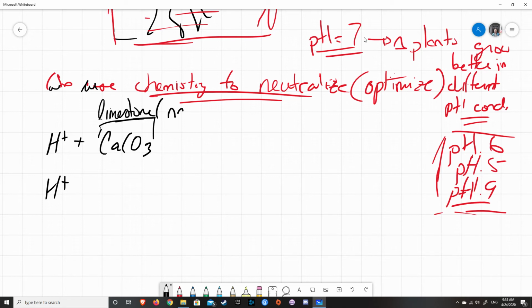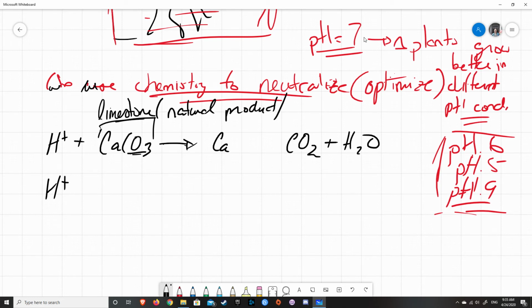It's another natural product, and this CO3 means that it's a carbonate. This is what we did in one of the last videos. H plus reacts with carbonates in order to neutralize. So we release CO2, we release H2O, and we have Ca 2 plus ions instead.